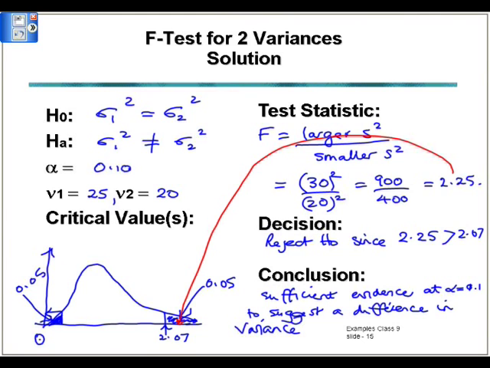So this is where you go back to the information in the problem and write the conclusion in the context of the question. And that's it. Sufficient evidence at 0.1 for alpha to suggest there is a difference in variation in weekly energy consumption between those two towns.